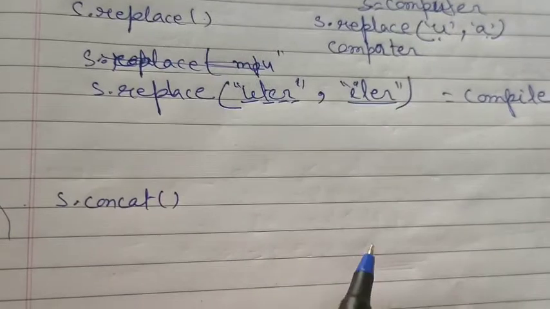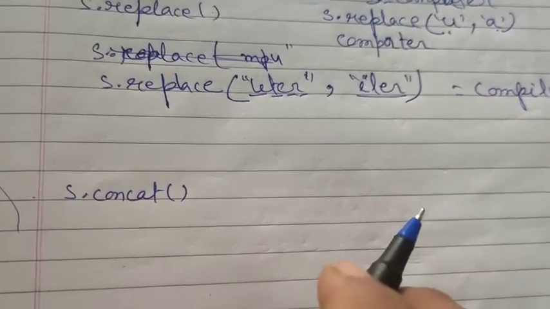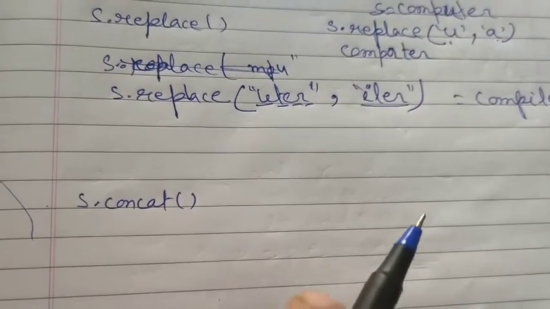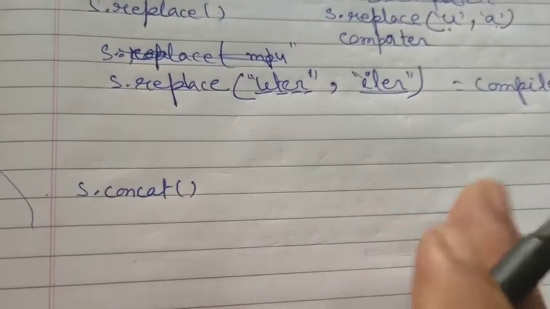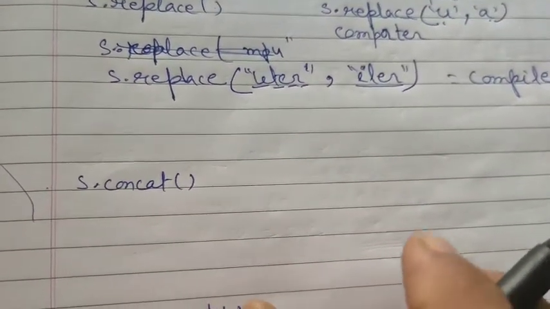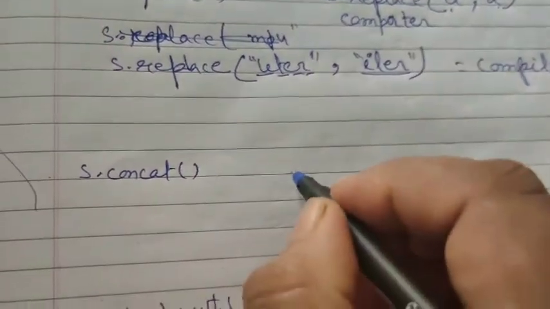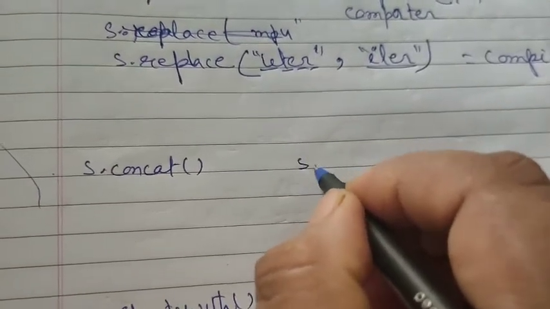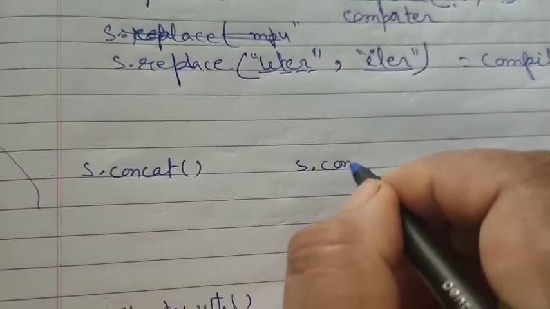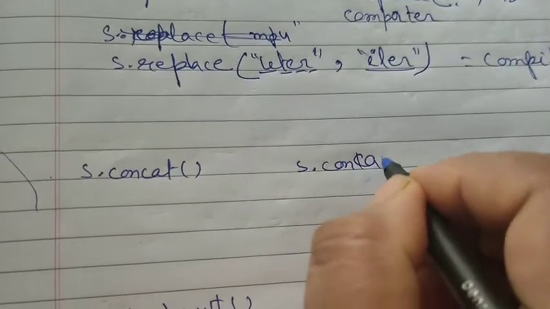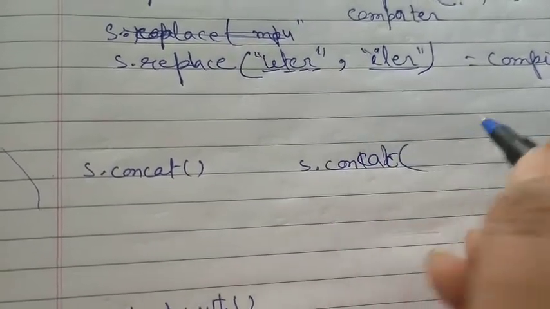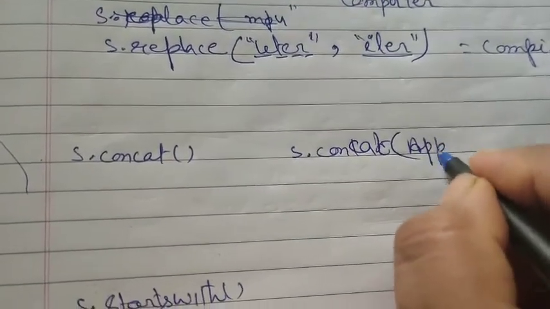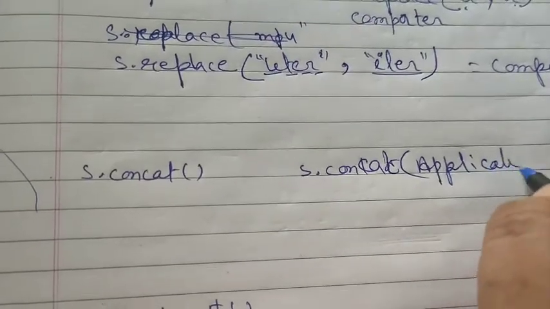Now come to concat. The use of the concat function is when you want two strings to come together. Like you write s.concat("application").